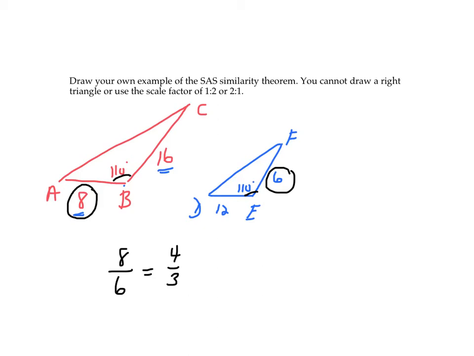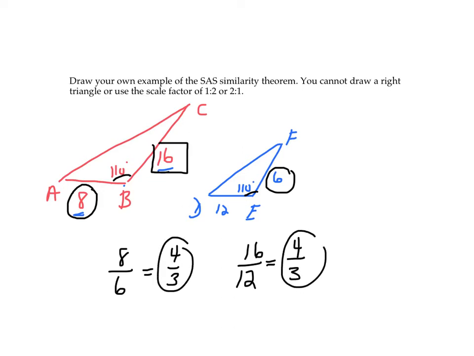Now we have to compare the other pair of corresponding sides, 16 and 12. We want to compare shorter side to shorter side, longer side to longer side. Notice that this is also going to simplify. Divide by 4. 16 divided by 4 is 4. 12 divided by 4 is 3. And we have the same ratio in both cases. Since they both reduce to 4 to 3, our two triangles are similar.